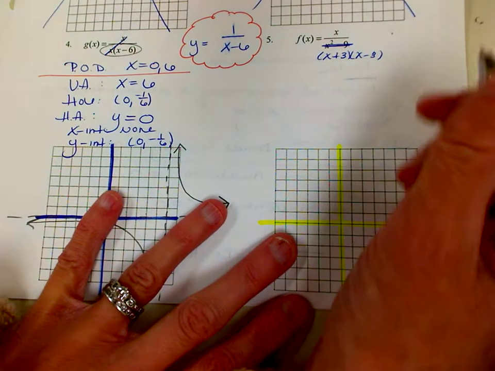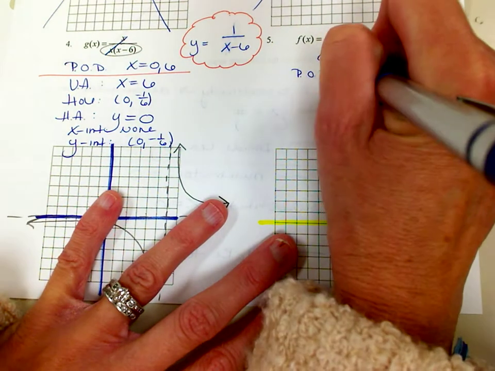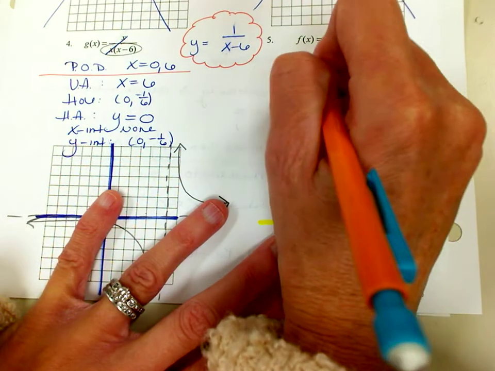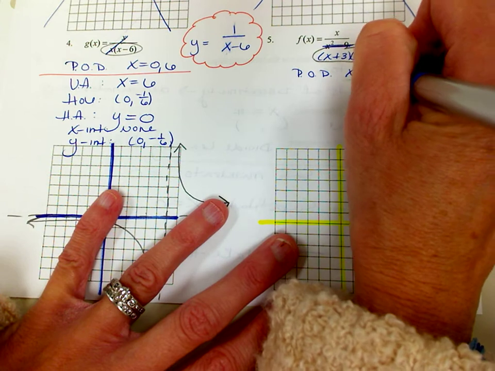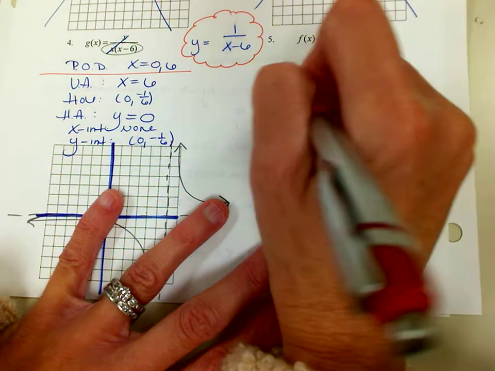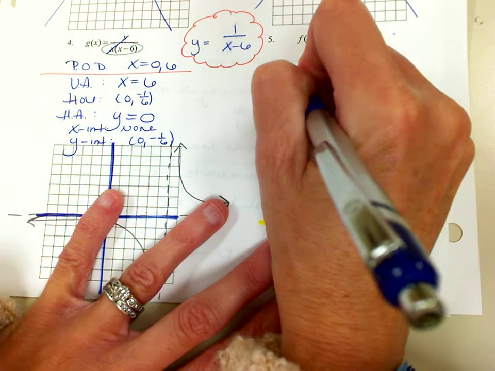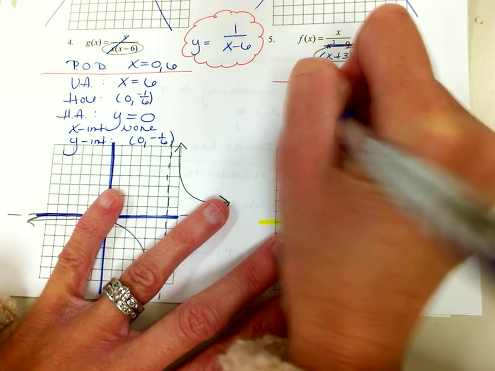After I factor, I'm going to find any points of discontinuity. That's where I set my denominator, both parts, equal to 0, and then I solve. So the first one's going to be -3, the second one's going to be +3. After I find that, I'm going to see if I have any vertical asymptotes or any holes in the graph.